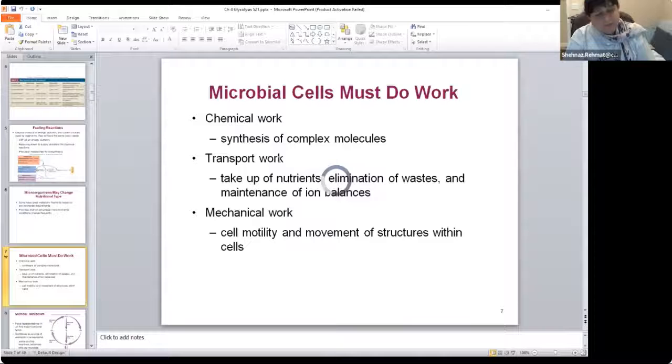waste products have to be eliminated, and also to maintain ionic balance from inside to out.